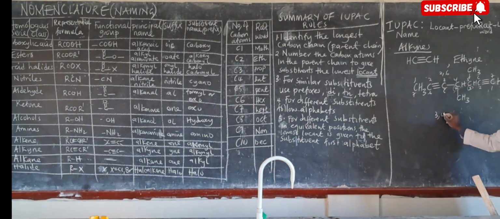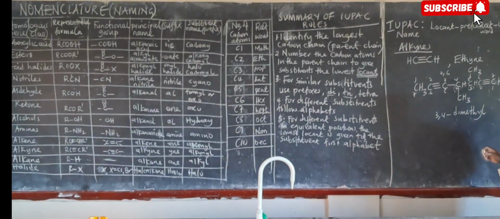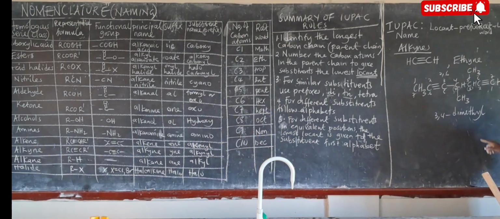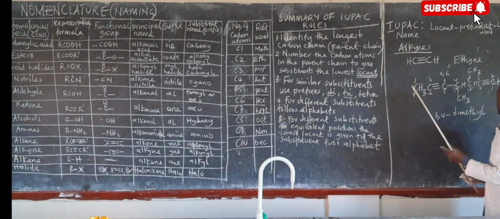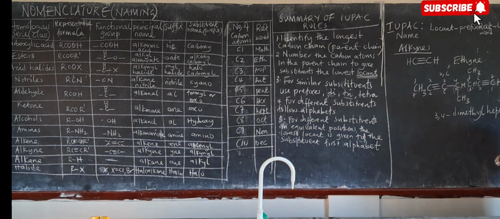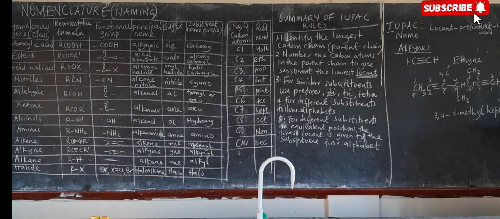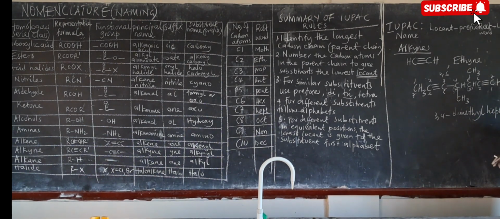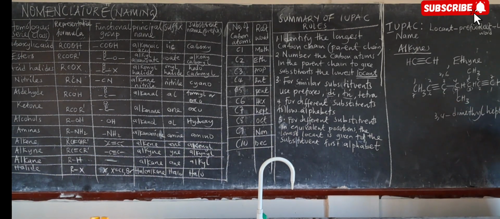So this is 3,4-dimethyl. Then we are going to get our root word for 7, which is hept. So hept, but because I'm going to use diyne, two groups, I'm going to attach an A here according to IUPAC. Then I'll cater for their positions 1 and 5 here. So that one would be 1,5.